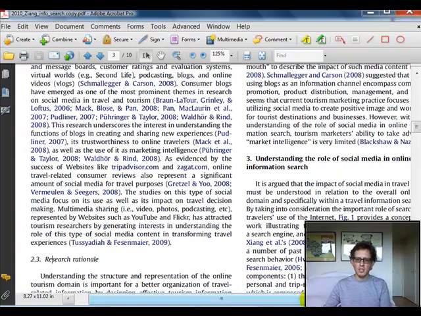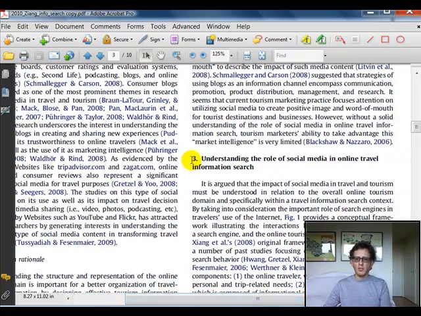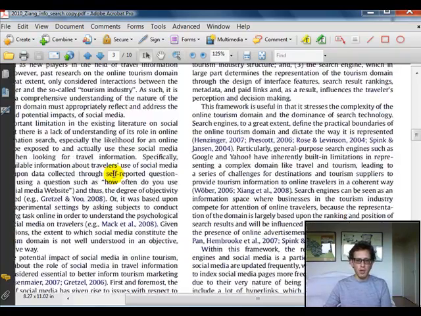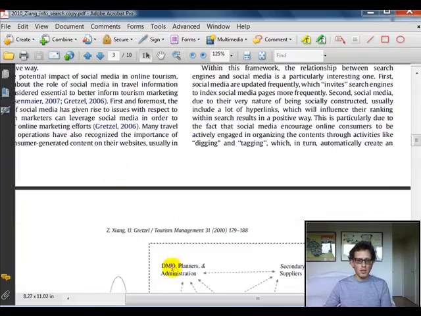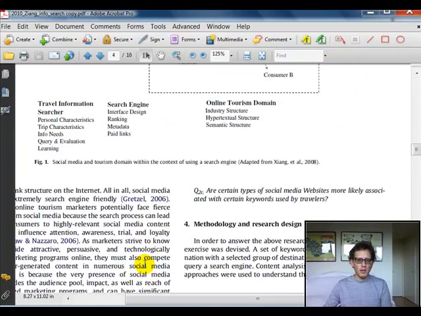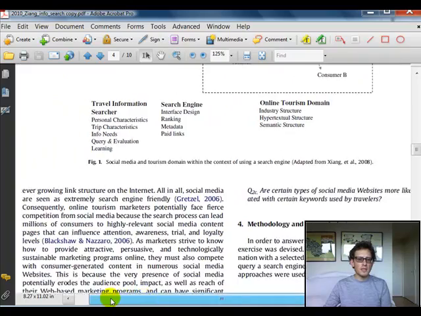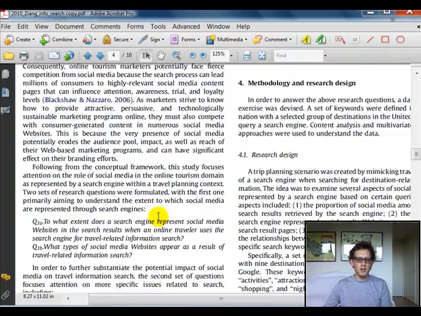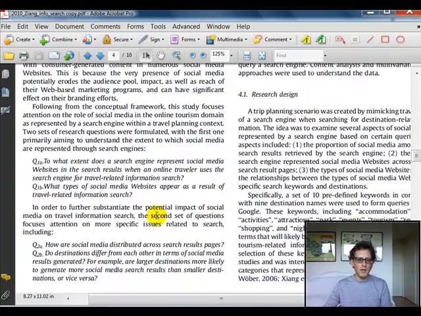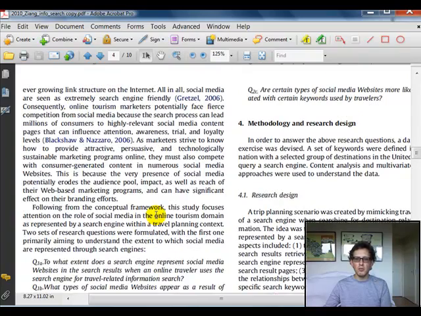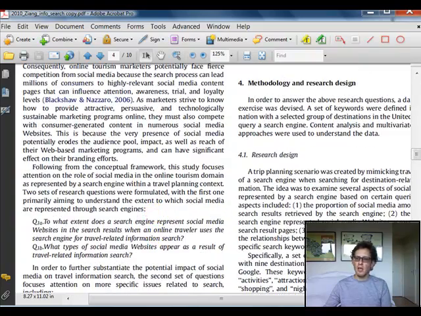Then they have another section called Understanding the Role of Social Media in Online Travel Information Search. This is actually more literature review. Okay. And it's at the end of this that we're going to find our research questions. 1A, 1B, 2A, 2B, and 2C.